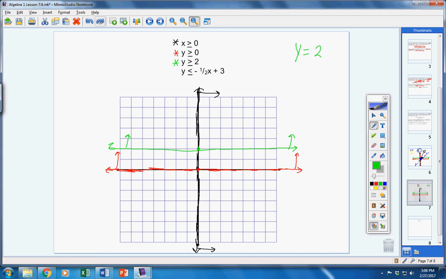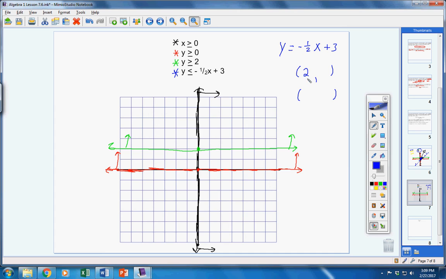Now, let's graph this last inequality using blue. And again, I have y all by itself, which makes it nice. I'm going to quickly put in 2 values for x and get out 2 values for y. Because my denominator's 2, I'm going to use numbers in increments of 2, because that way I won't get out a fraction.